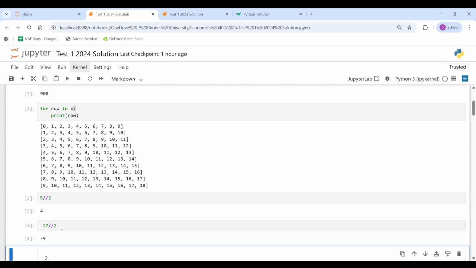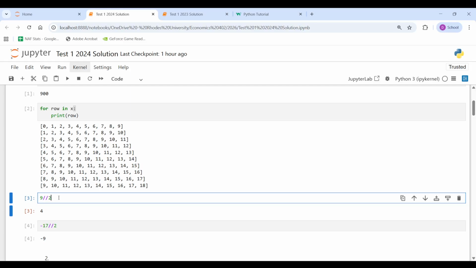It's negative 9. It rounds down. Negative 8 is bigger than negative 9. Okay. Why is that calculation the logic, or why it's twice?